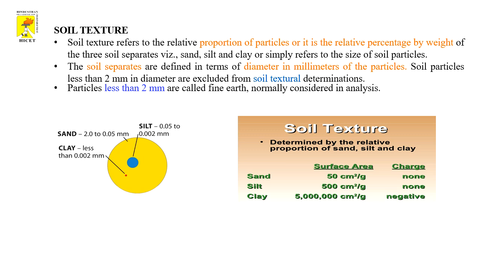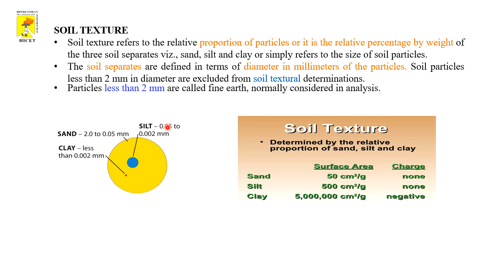A particle size less than 2 mm is denoted as fine earth. Greater than 2 mm is excluded from the soil textural classes because it is gravel. It does not come under soil.